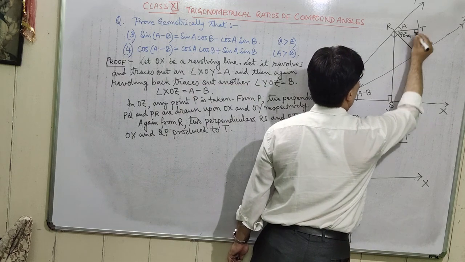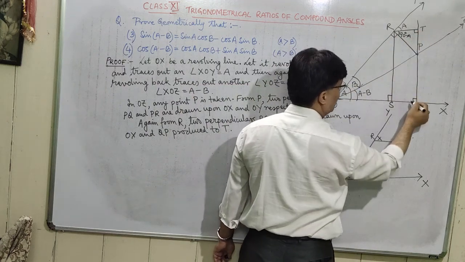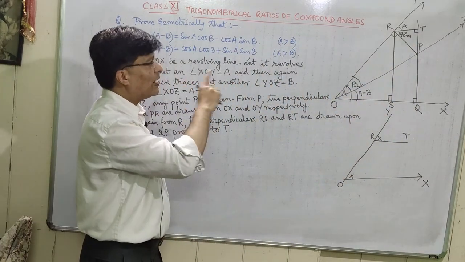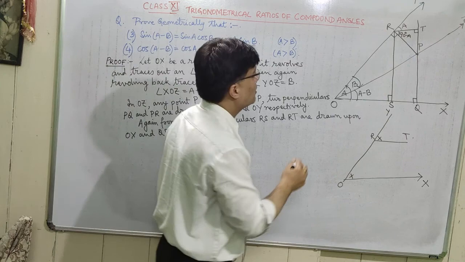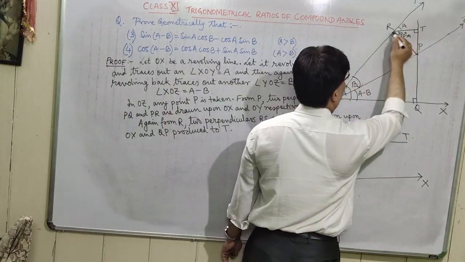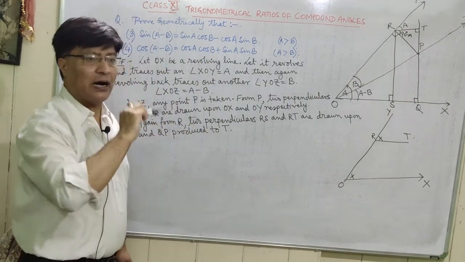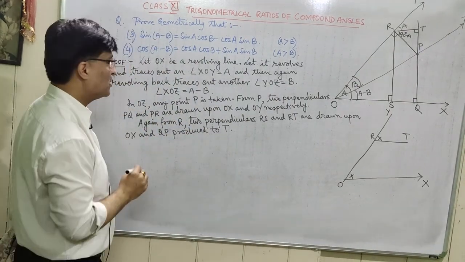And this is also perpendicular, isn't it? RT is perpendicular to QP produced to the point T. So angle RTP is equal to 90 degree. So here angle PRT, you know that it is 90 minus A. So what is angle TPR? You have to find it again, right?